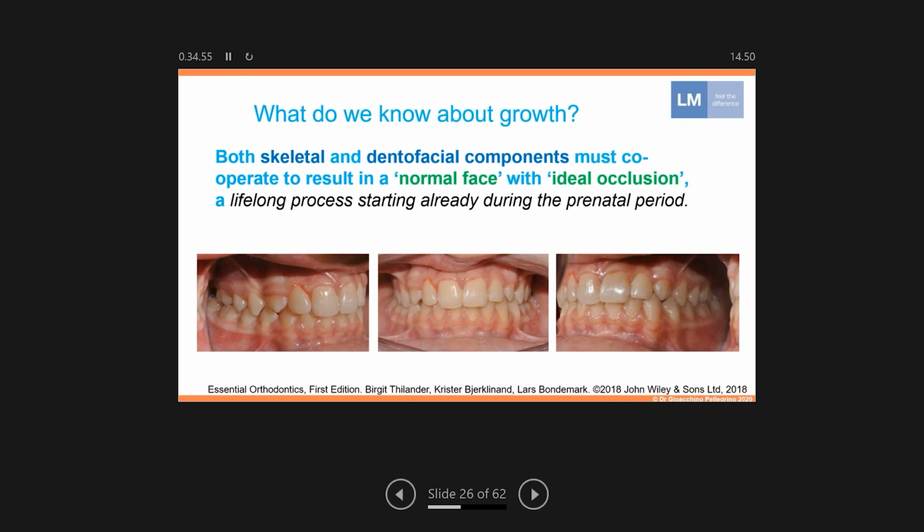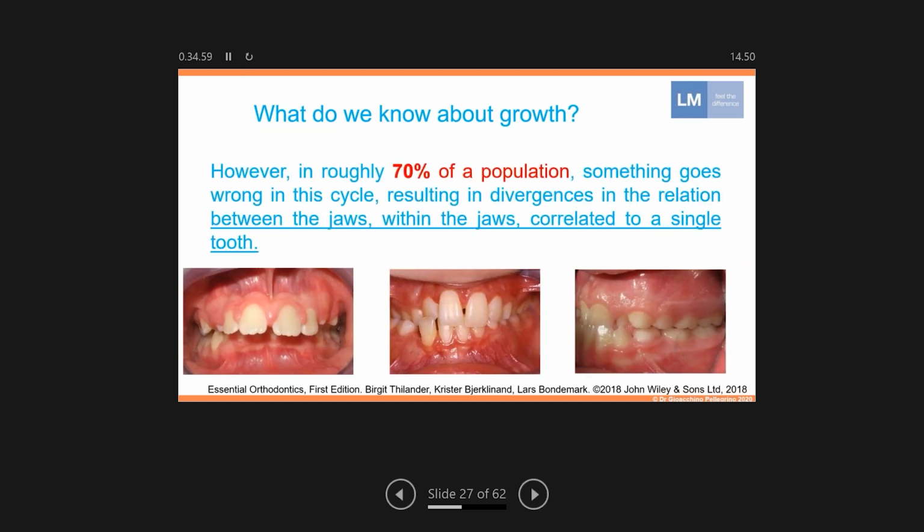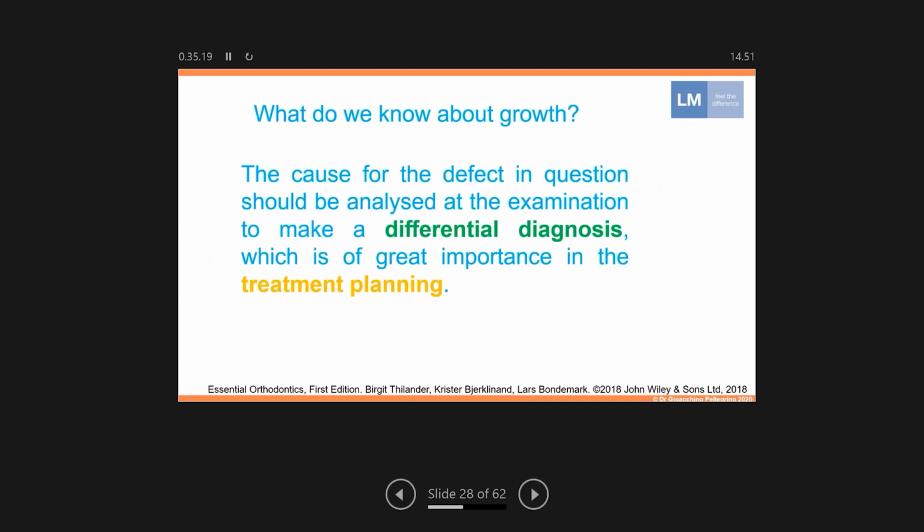But a lot of things can happen during this long path. Very often some factors can avoid the correct direction and create problems to a single tooth, a group of teeth, or the bones. This is very important to analyze.